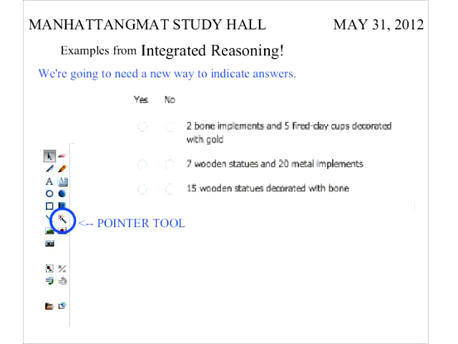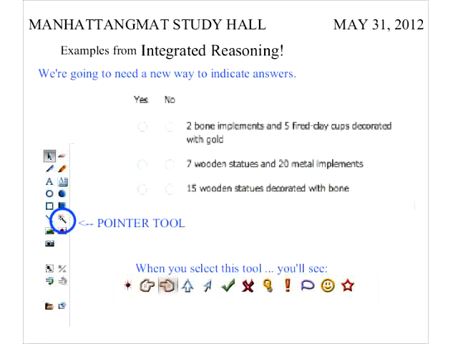When you select the pointer tool, what you should see underneath your window is a bunch of pointers. You can select any pointer that you want. It doesn't really matter. So everybody go ahead and pick the pointer tool.